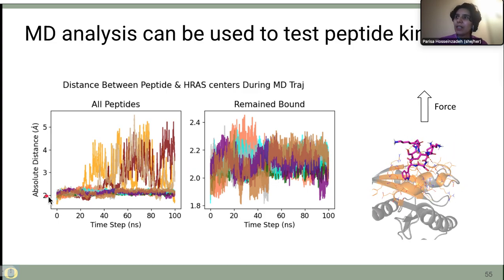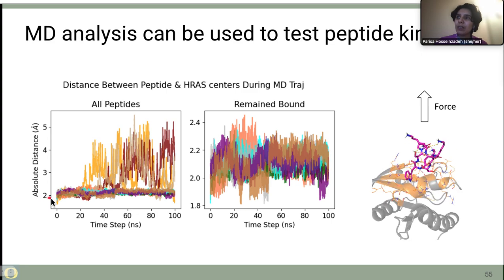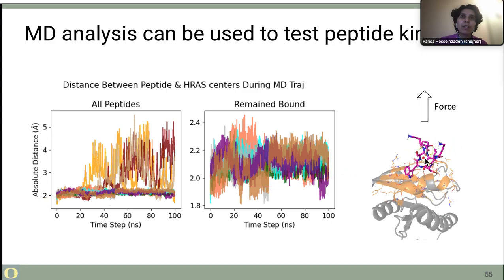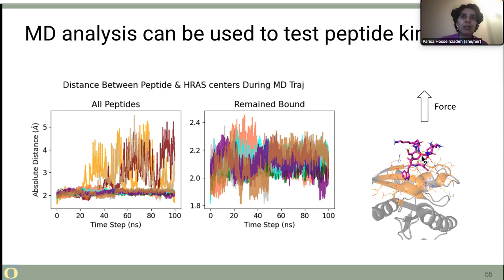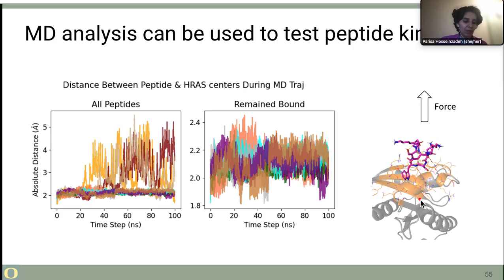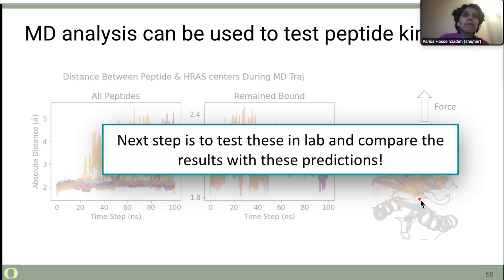And I should say that the value here starts at 2 because it's between the center of mass of this peptide and then the center of mass of this peptide. So that's why. So it's really exciting. We have some peptides that we want to test, and it's really cool to see what the results are.